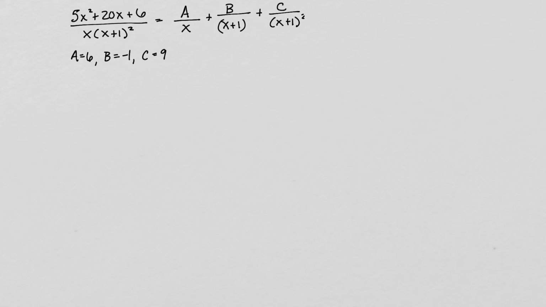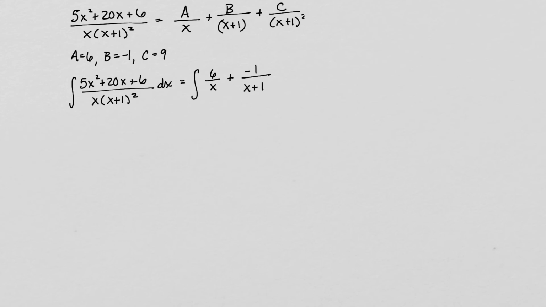So we were looking for originally the integral of 5x squared plus 20x plus 6 over x times x plus 1 squared dx. And that is going to now be the integral, so a is 6, so 6 over x plus negative 1 over x plus 1 plus 9 over x plus 1 squared dx.